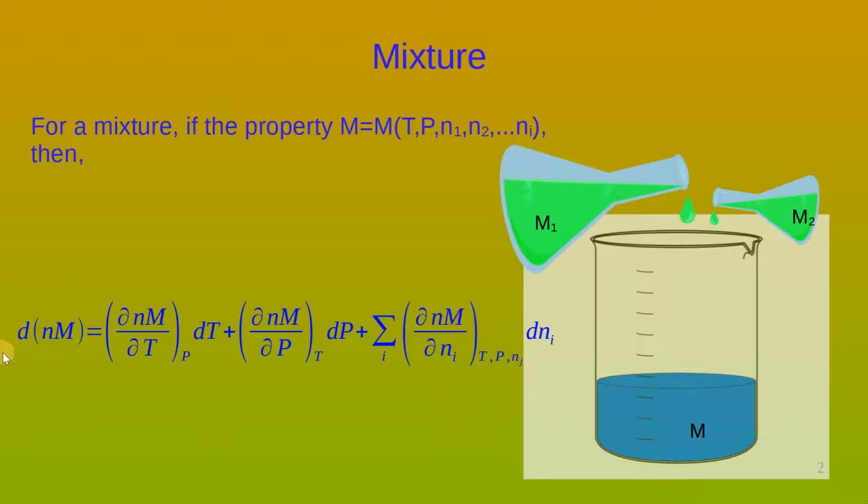Therefore, the change in property of this system is equal to the change in property of the system with respect to the temperature, which is written by the first term in the differential equation. Change in property of the system with respect to change in pressure, which is represented by the second term in this equation, and the sum of all the changes to this property by addition of all the species into this mixture. Here I have shown 2, but we may add more.